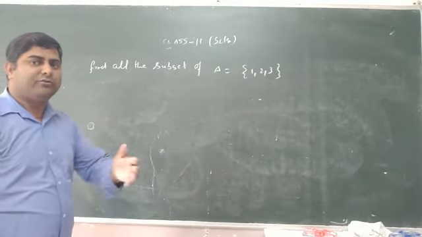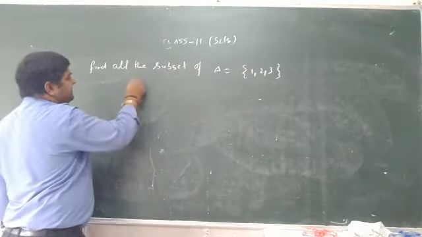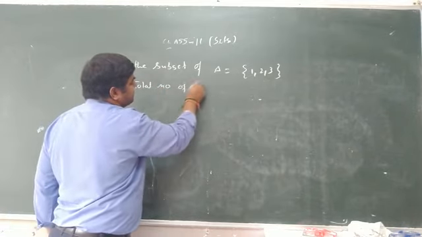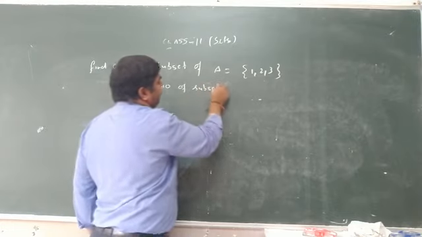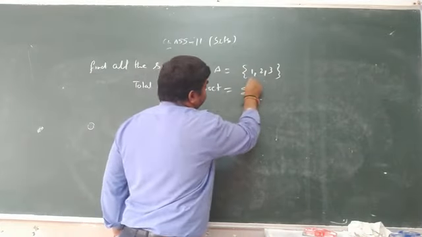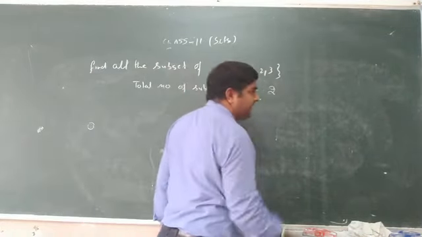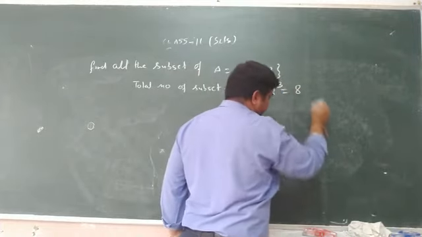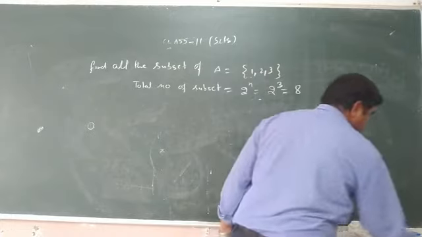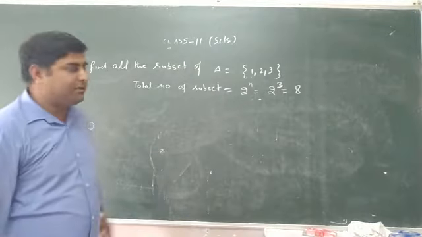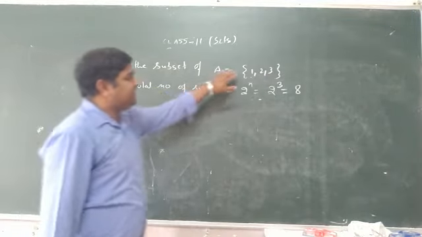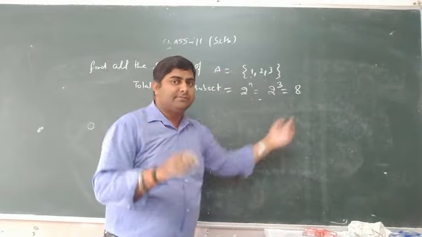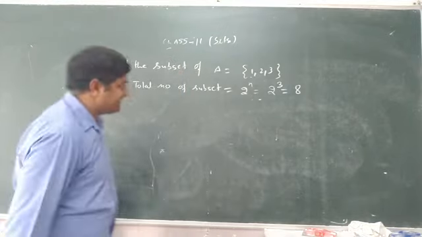Now, as I told you, what will be the total number of subsets? That will be 2 power n. How many members does it have? 3. That means 8. It means when we find the subsets of the given set, there must be 8 of them. Let's write those subsets.